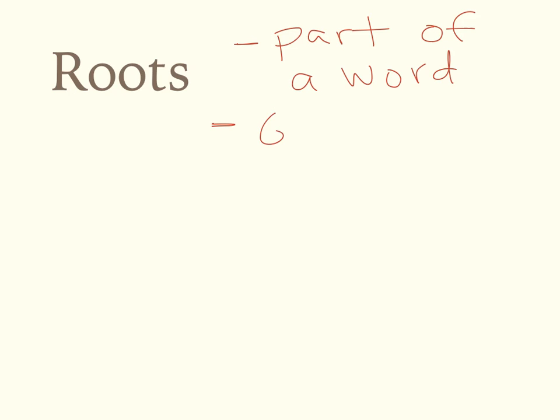The first thing that we're going to be using to build words are word roots. When I'm talking about word roots, I'm talking about a little part of a word. It usually, not always, but usually comes from ancient Greek or ancient Latin.